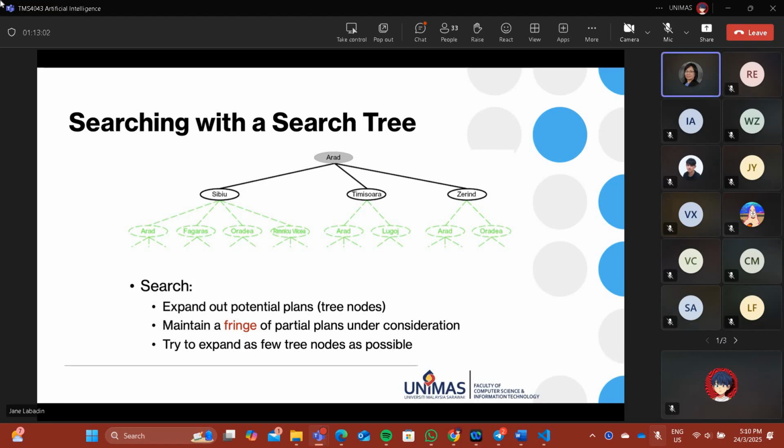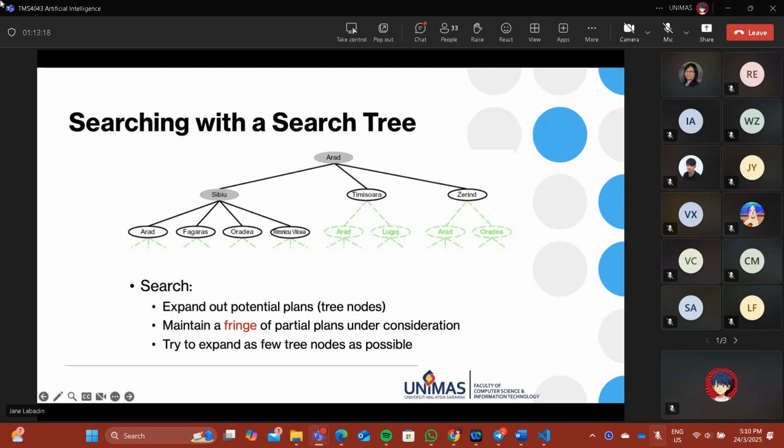Then you need to decide which is your fringe. So if I were to say from the left, then this would be my fringe.